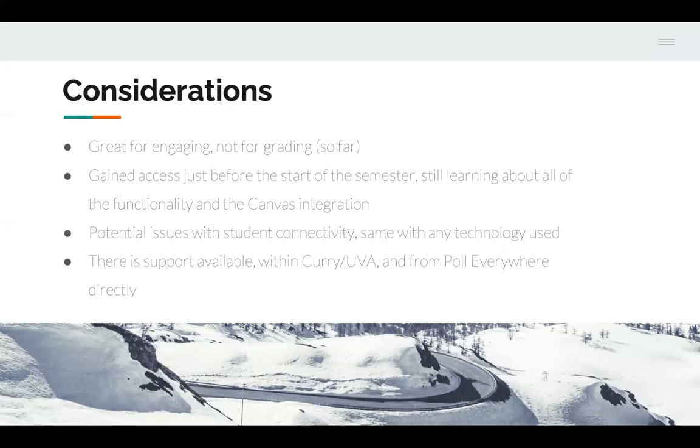There are some potential issues with student connectivity. That's the same with any of the technologies. Canvas, Zoom, you're aware that just from time to time things just aren't working. But there is a ton of support available from the Curry level. That would be me. At the UVA level, we have a representative, and then we also have Poll Everywhere support that we can contact directly or through our representative, and they've been very responsive.